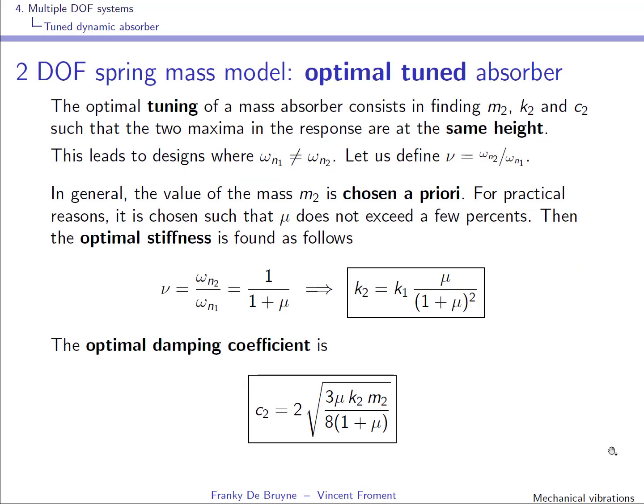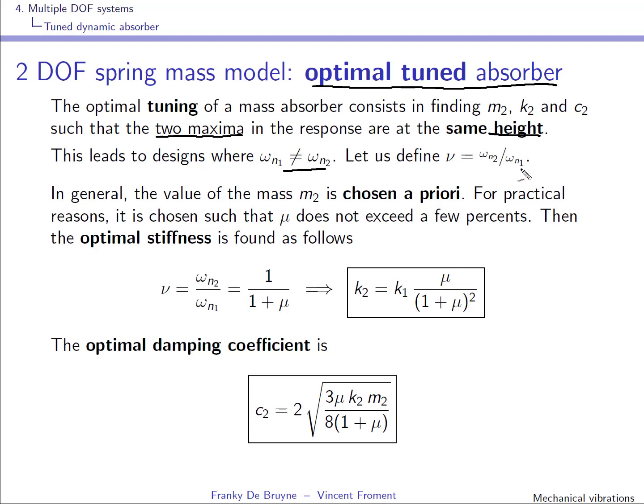Okay, so this idea is further explored in this slide, where we introduce an optimally tuned absorber. Okay, so remember that the idea was to have two maxima corresponding to the two natural frequencies of the same height, and basically what we do is that we use a tuned dynamic absorber which is not tuned anymore, in the sense that the two natural frequencies are different.